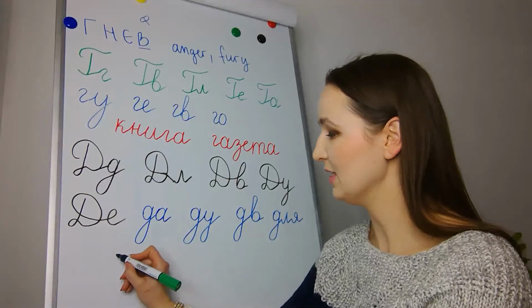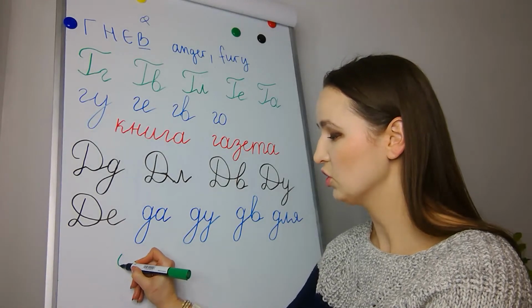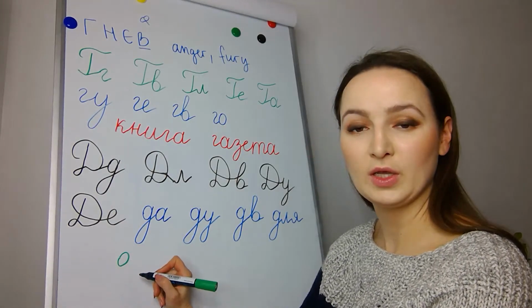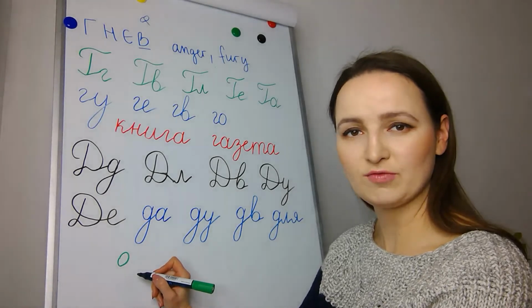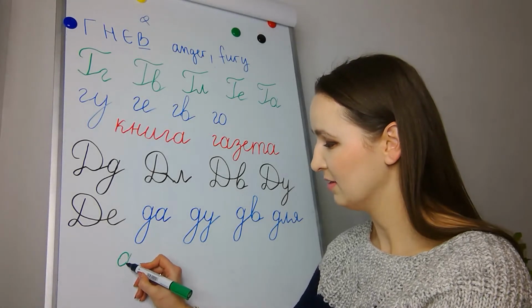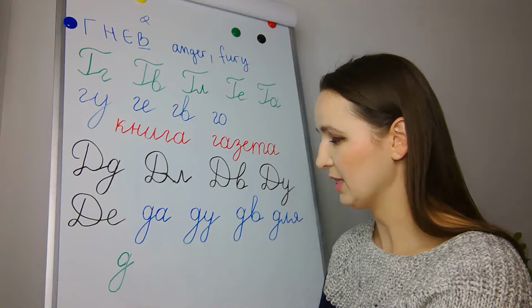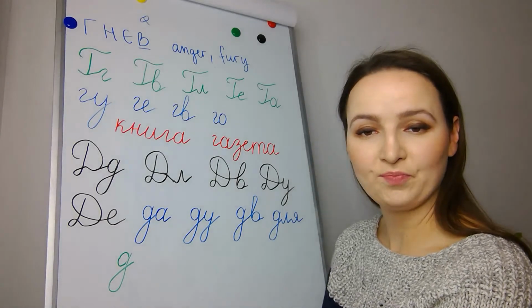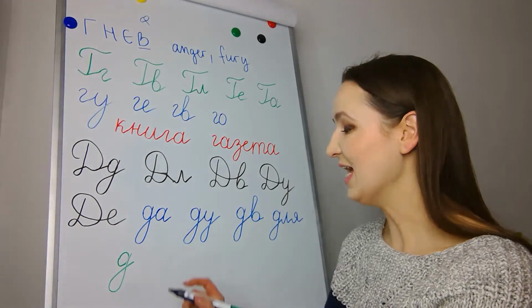And now let's write a word containing the letter, and it will be дедушка, grandfather. Давайте напишем. Let's try to write it down. So, to make d, we have to add a leg. Let's connect it with е, де.